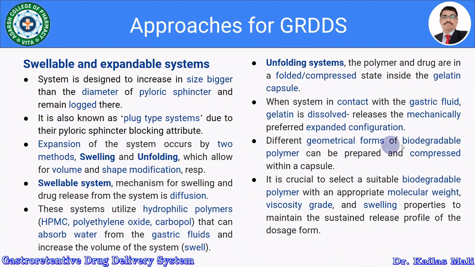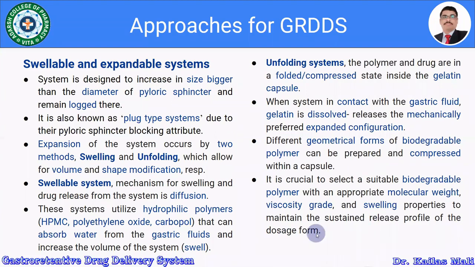Different geometric forms of biodegradable polymer can be prepared and compressed within the capsule. It is crucial to select a suitable biodegradable polymer with an appropriate molecular weight, viscosity grade, and swelling properties to maintain the sustained release profile of the dosage form.